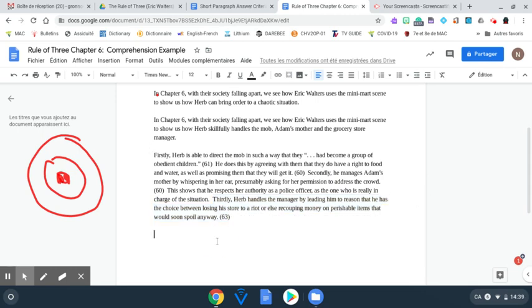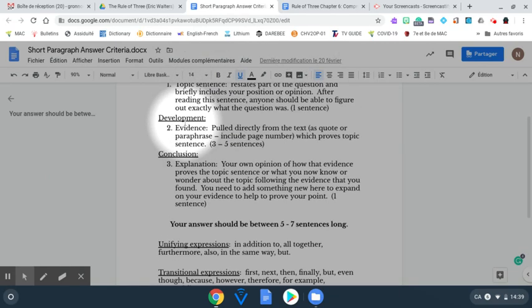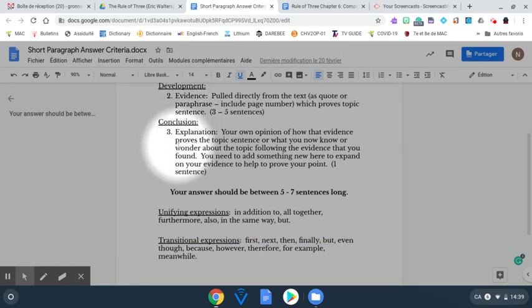Okay, now for our conclusion. Now, our conclusion, if you remember, is really trying to reach beyond. And the conclusion is probably the hardest part in some ways of the short answer question, because we want to restate what our topic was about, while at the same time providing something new.